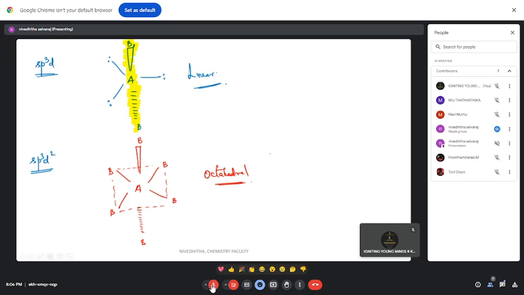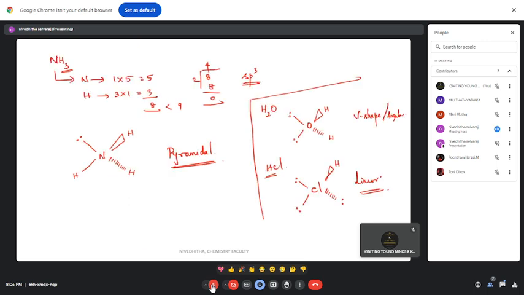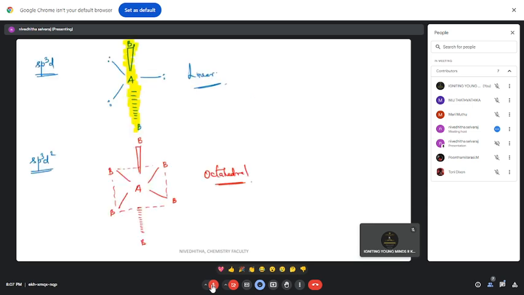In octahedral, if the central atom's hybridization is sp3d2 but the central atom has only 5 terminal atoms, then one bond will be filled with a lone pair of electrons, right? So in the octahedral structure, we'll have one lone pair of electrons. Then that shape is called square pyramidal. Let me write it here.